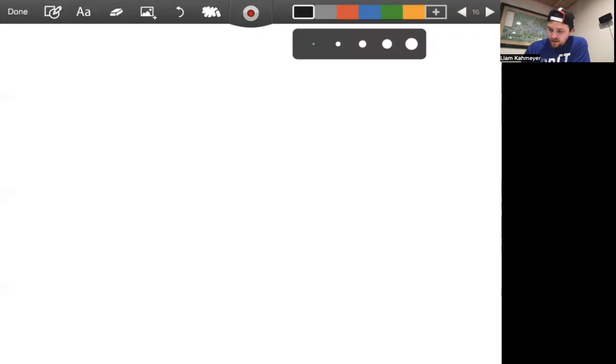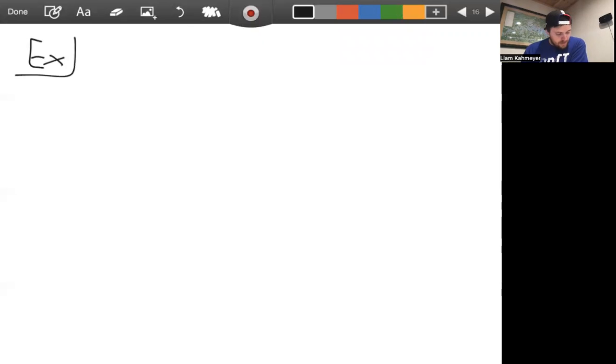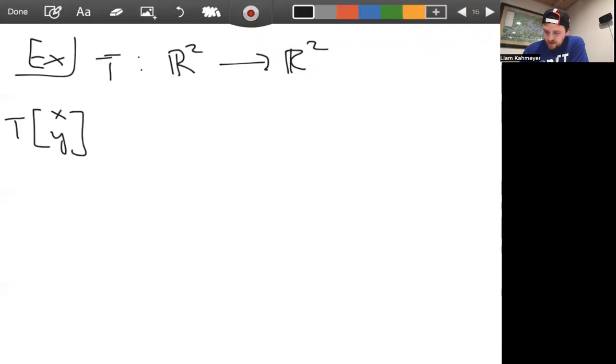Let's do an example here. Let's look at a transformation t from R2 to R2 given by t of xy equals the matrix 1, 1, 1, 2 times xy.